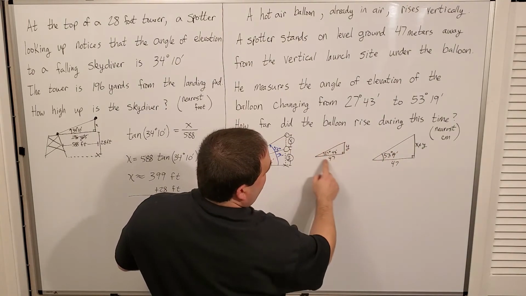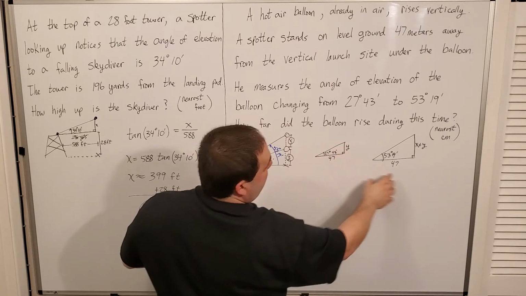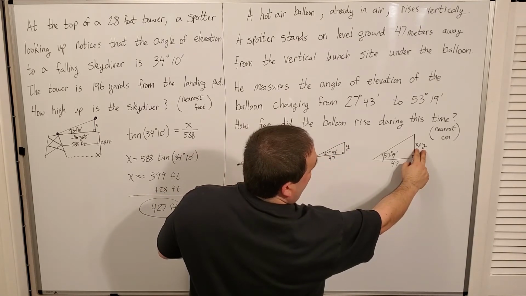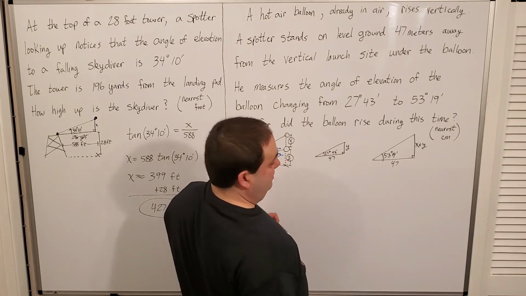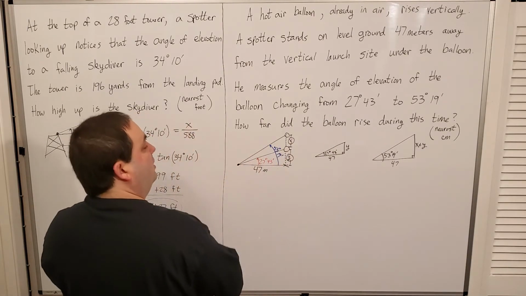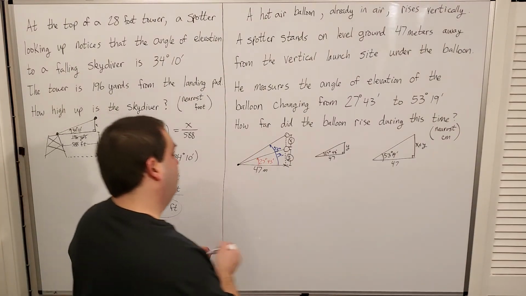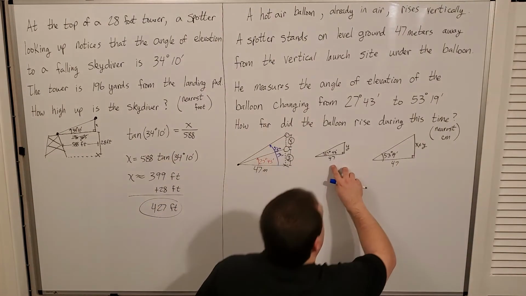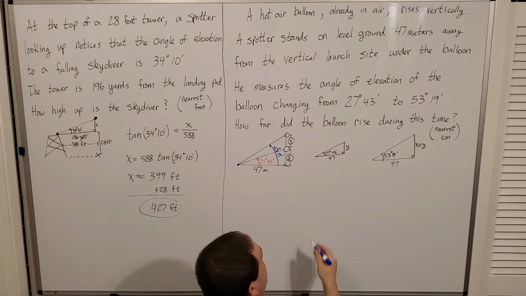So what I do is I figure out what y is first using our normal right triangle stuff, and then I can figure out x plus y. I can just subtract y off of that, and I'll have what x is. Okay, so let's start by finding out what y is. I can see that I have an angle with y as the opposite and 47 as the adjacent.